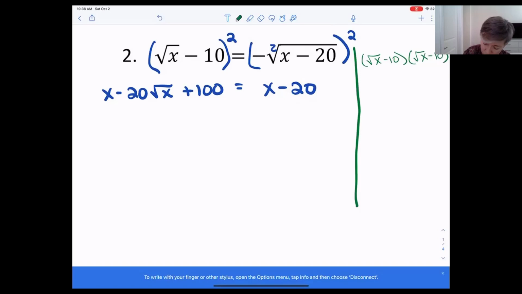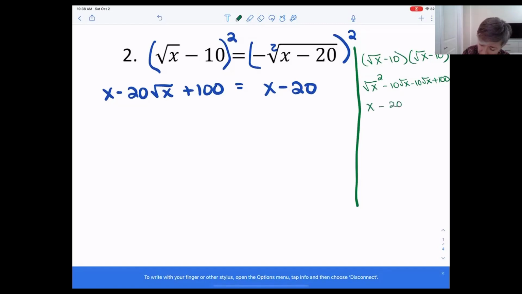And when you distribute, we get the square root of x squared, minus 10 square root of x, minus 10 square root of x. Negative 10 times negative 10 gives us a positive 100. So if you square a square root, you're left with just the radicand underneath. We combine like radicals, just like we do like terms, negative 20 square root of x and then plus 100. So that's how we got the left-hand side.